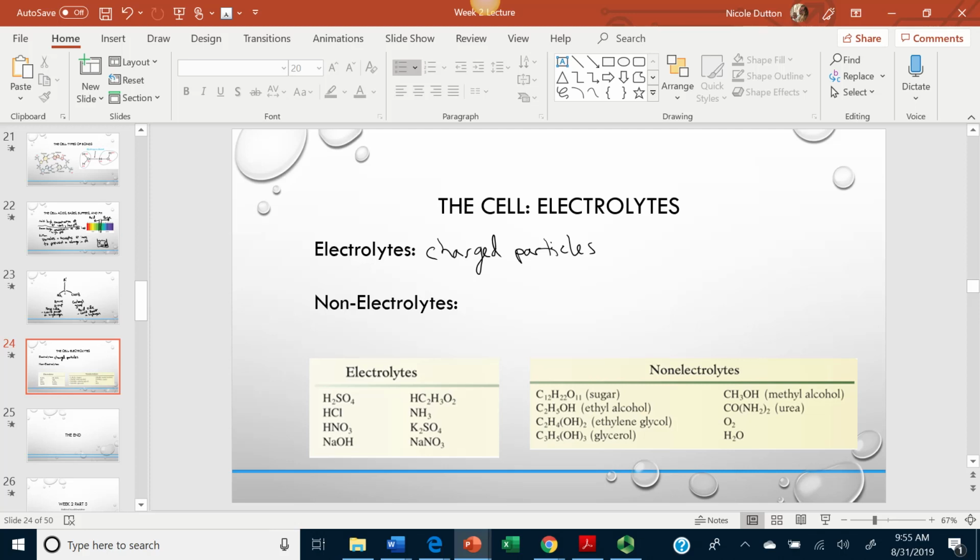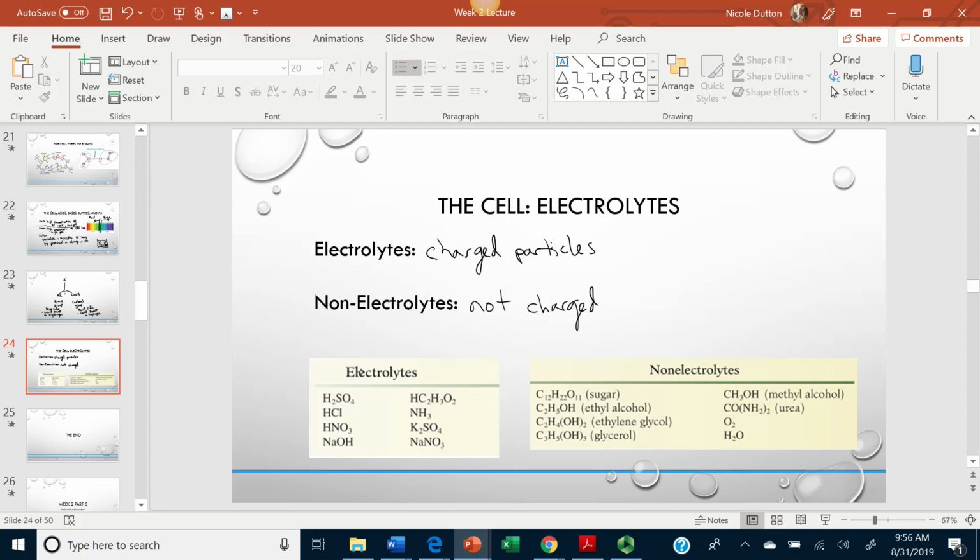We all hear about electrolytes in Gatorade and so forth, but electrolytes are charged particles, and they're going to help restore the ionic balance so that we can continue to have proper muscle contractions and proper hydration in the body. Electrolytes conduct electricity in solution because they are charged. Non-electrolytes are not charged. So these will not form an electrical charge in solution.